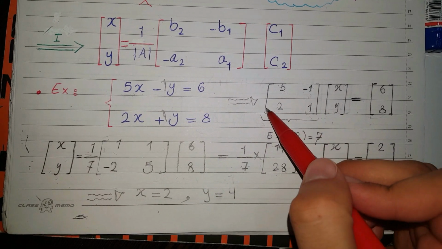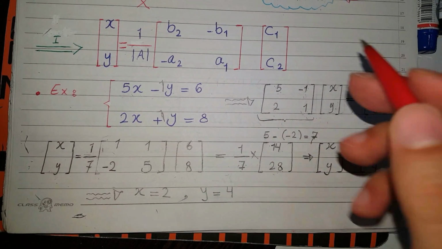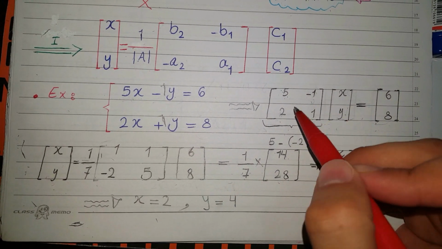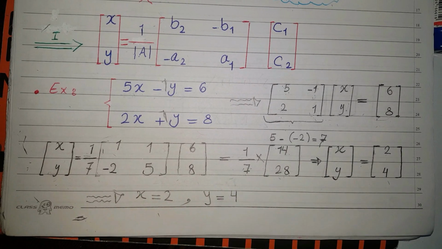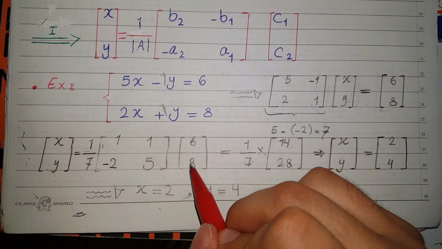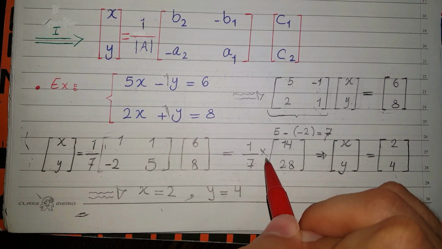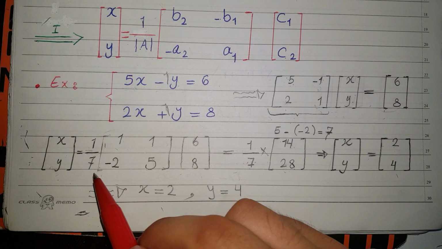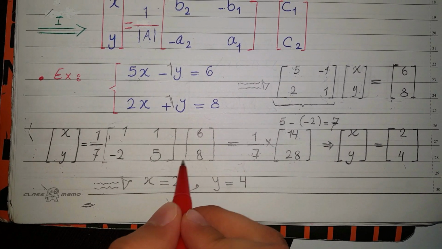And we switch the signs in the other diagonal, but keep them in the same position. It was -1 and 2, so it's going to be 1 and -2 here. This is times the vertical matrix of our constants, 6 and 8. Actually we're going to multiply these two matrices here.